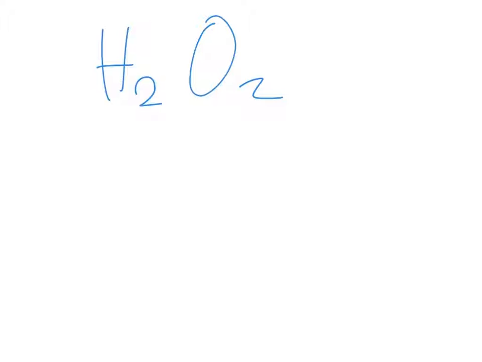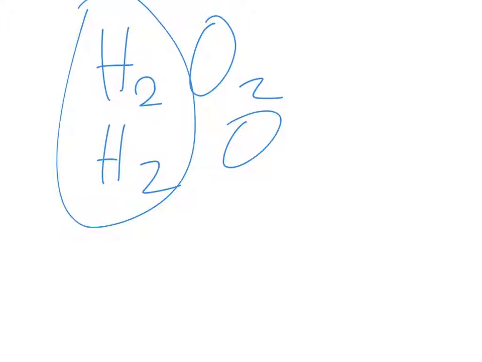This law states that the different masses of one of the elements that combine with the same mass of the other element are in a ratio of small whole numbers. So there are always two hydrogen in H2O2 and H2O, so that stays the same.